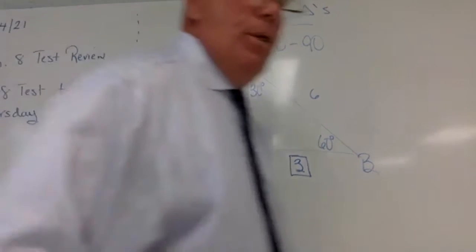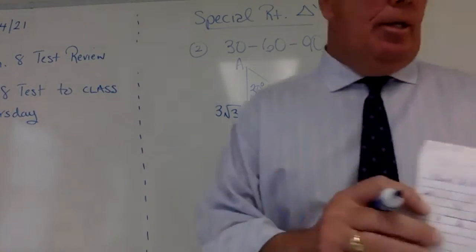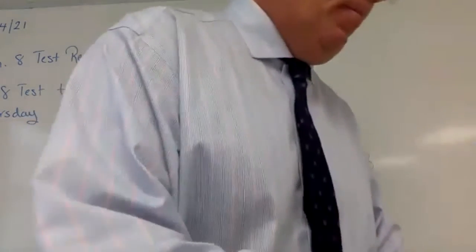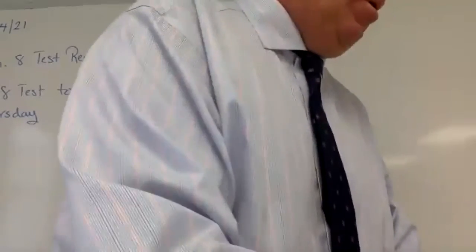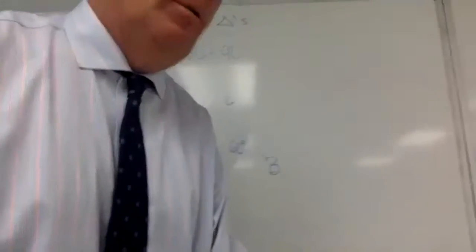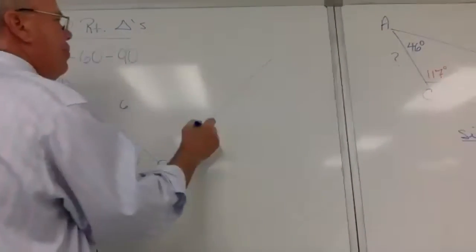Let's see if I can give you an example. Ready? Let's try to do this one. All righty, here we go. I'm going to draw a 30, 60, 90 triangle.